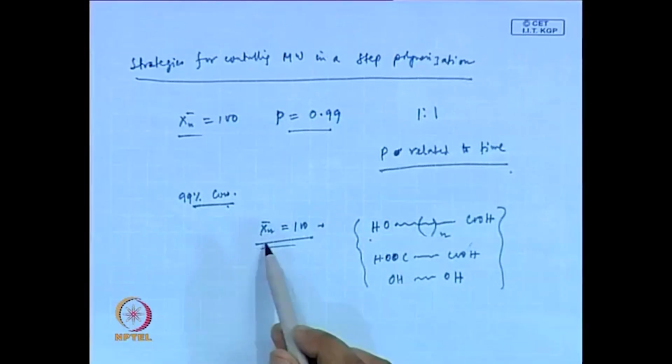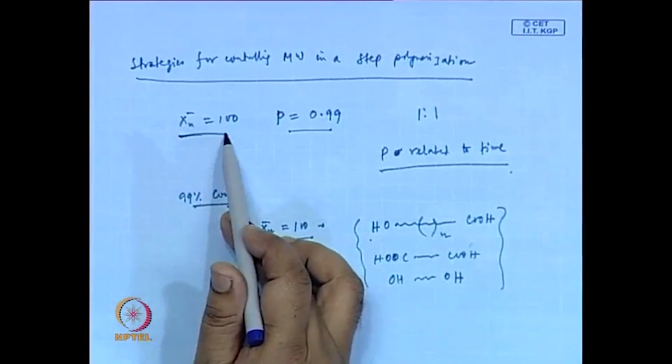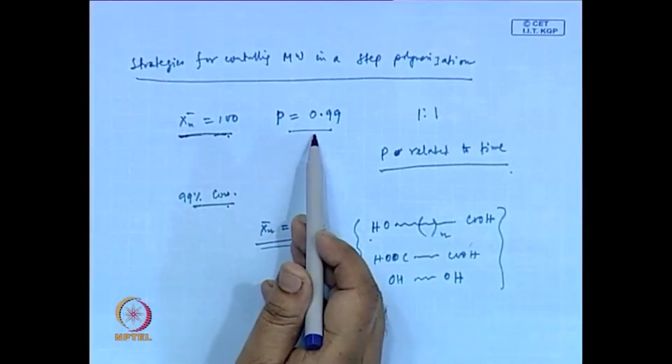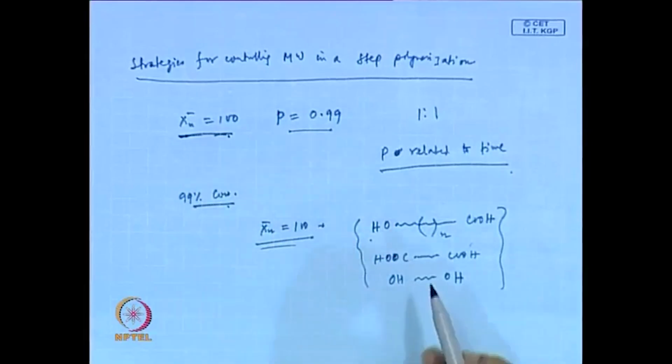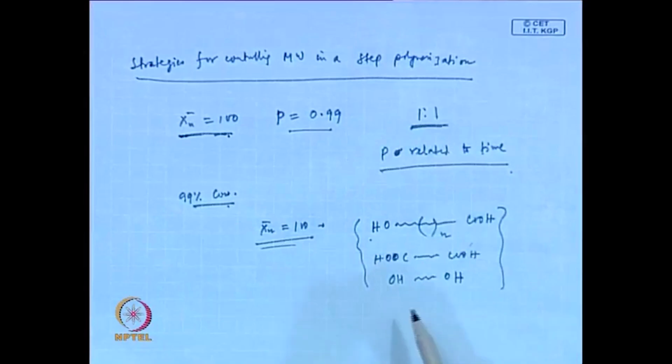So, if you stop a reaction to target a molecular weight of 100 degrees of polymerization, at 99% conversion level, starting from a 1:1 stoichiometric ratio, you get this, but this will pose a lot of difficulties in the next step when you do processing like compounding or molding, because this has the presence of active functional groups.